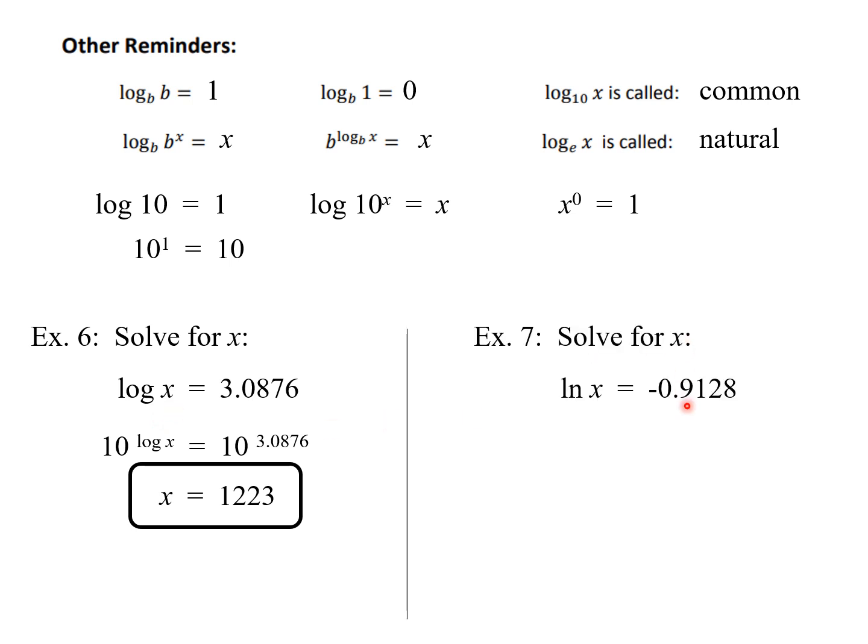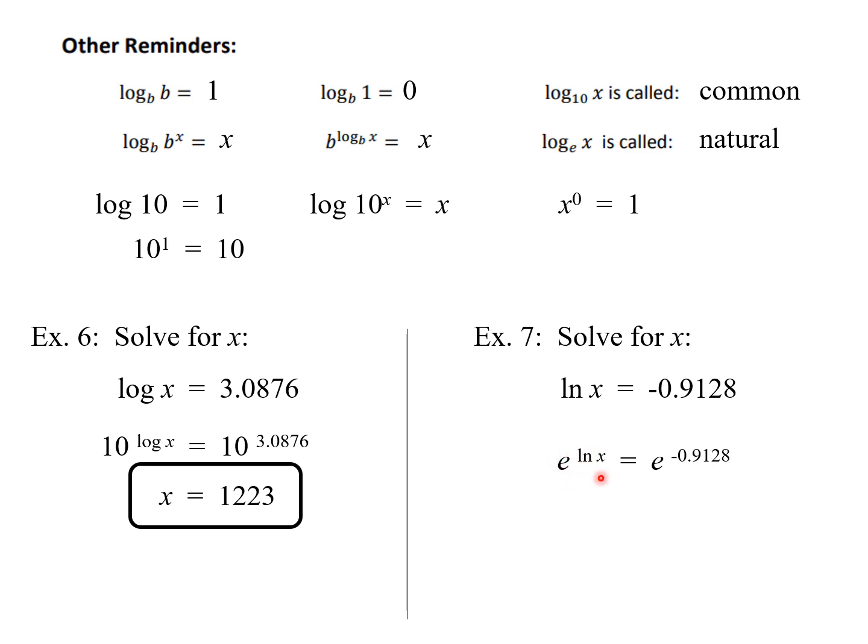Now, ln of x is a natural log, or log to the base e. Instead of writing log to the base e all the time, we just write ln. That's natural log of x equals this. Now the inverse operation for a natural log is taking e to the power. So we take e to the natural log of x equals e to the minus 0.9128. e to the natural log of x, those functions are inverse operations.